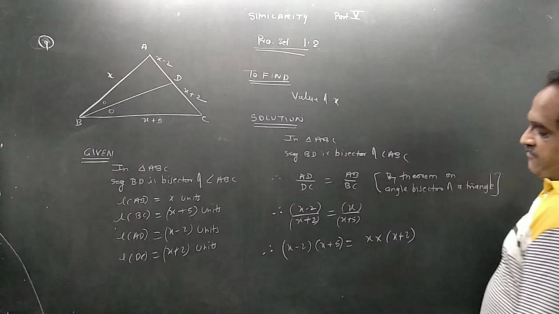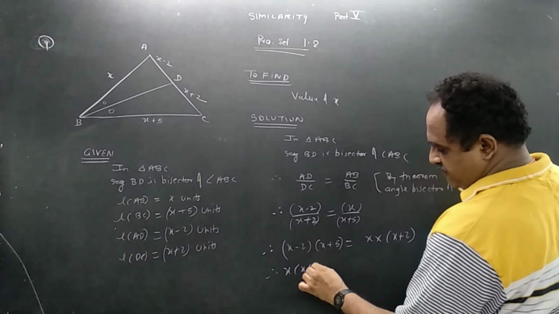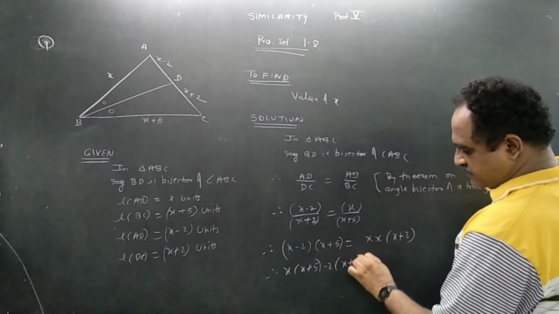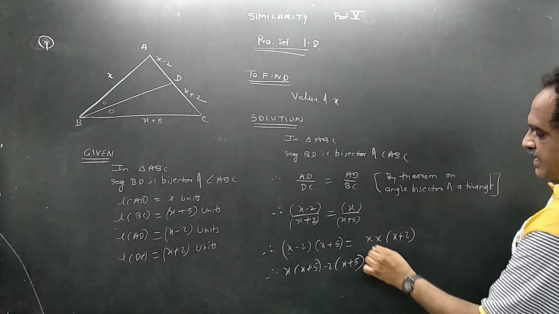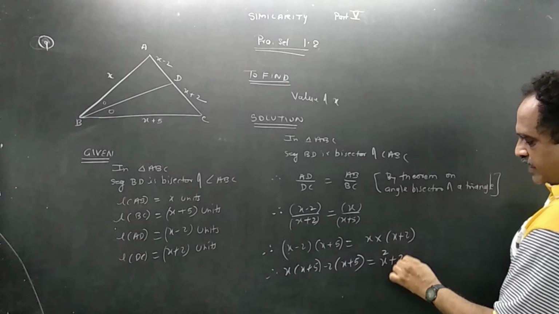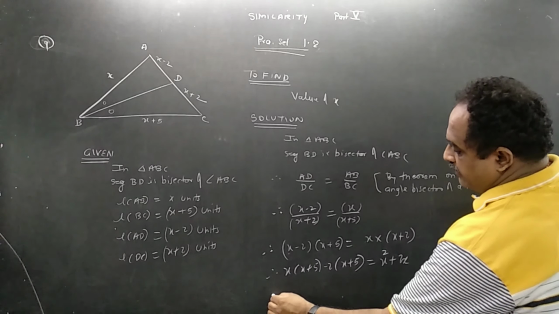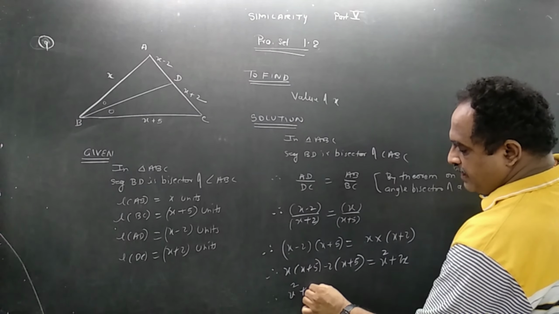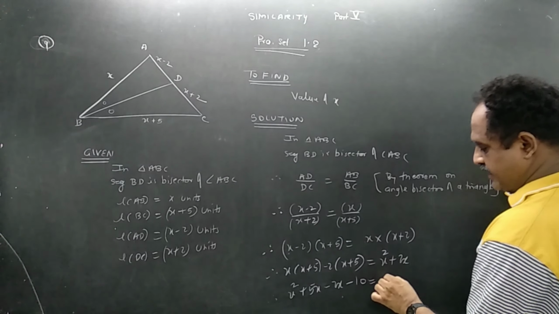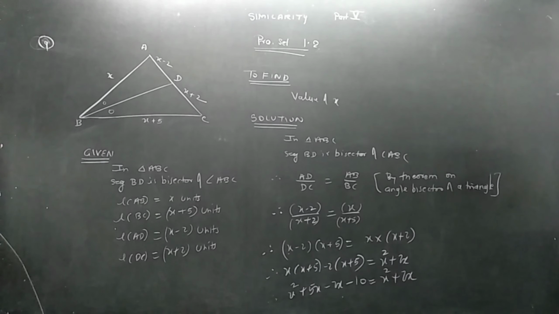So, if I multiply now: x into x plus 5, this term into the entire bracket, minus 2 into x plus 5 is equal to x into x is x square, x into 2 is 2x. Now, if I multiply over here, I am getting x square plus 5x minus 2x minus 10 is equal to x square plus 2x.